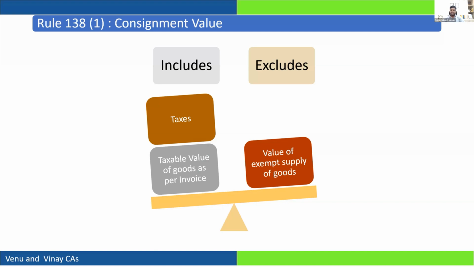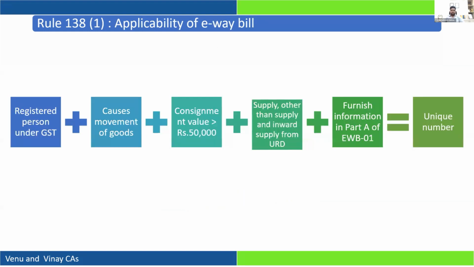In case a single invoice has both taxable and exempted goods clubbed together, we have to exclude the value of exempted supply. After excluding exempted supply, if the consignment value is less than 50,000, then we need not generate the bill. Otherwise, even after excluding the value of exempted supply of goods, if it exceeds 50,000, then the bill is mandatorily required to be generated. So this is all about the consignment value.